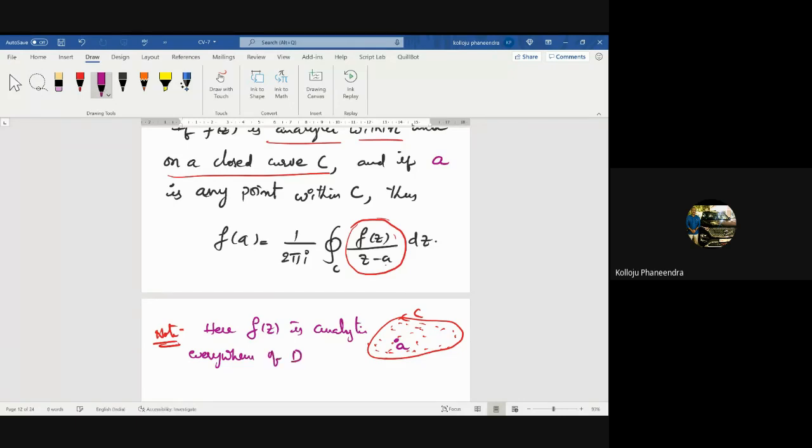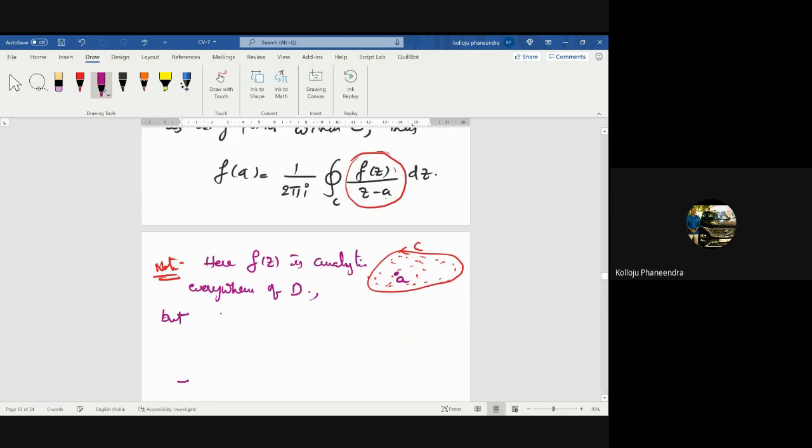But what is the integrand function? F of z by z minus a is not analytic at z equal to a, which lies inside the domain.